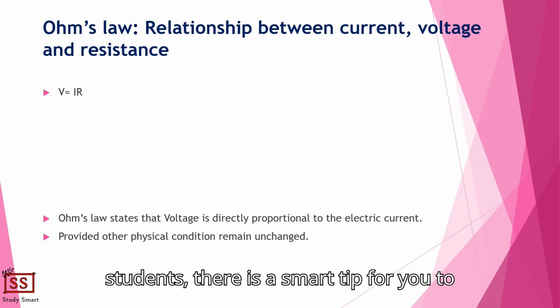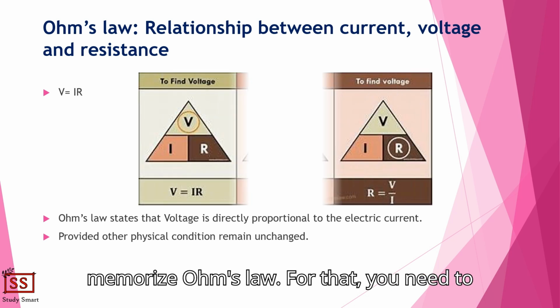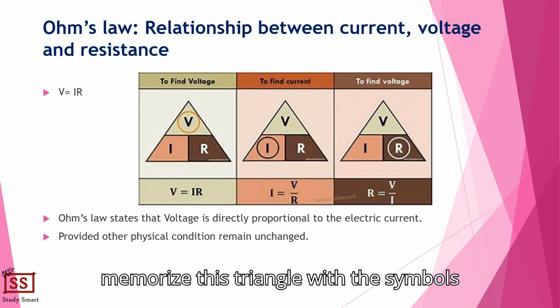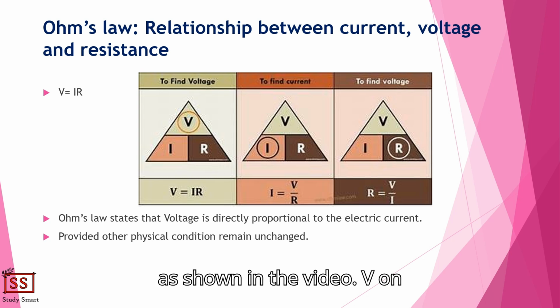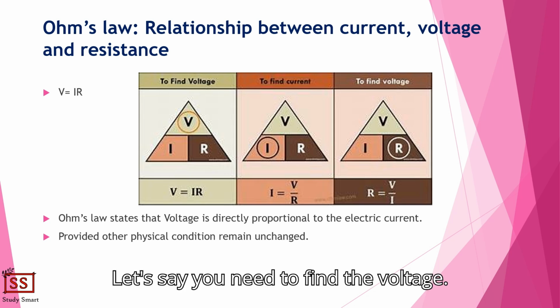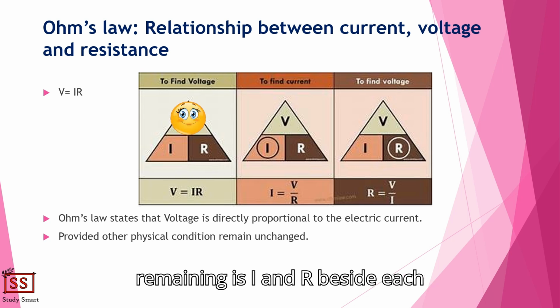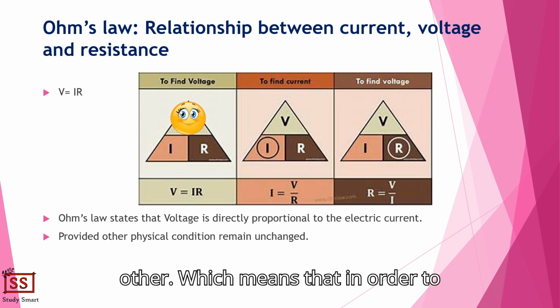Well students, there is a smart tip for you to memorize Ohm's law. For that, you need to memorize this triangle with the symbols as shown in the video. V on top, I and R at the bottom. Let's say you need to find the voltage. You just need to cover the V and the remaining is I and R beside each other.